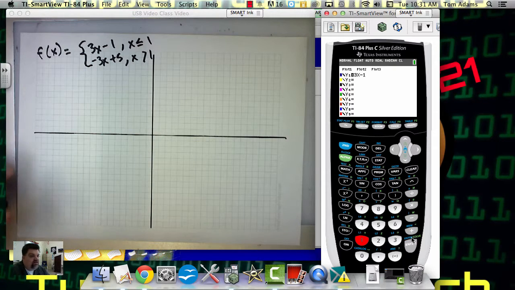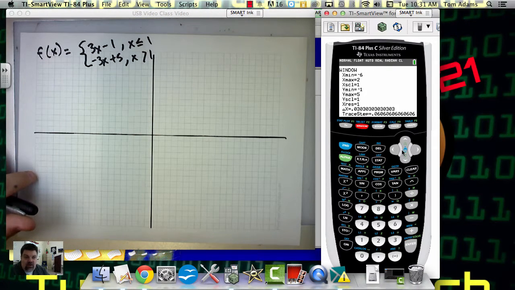But now that's only for values less than or equal to 1. So before I hit enter, I'm going to set my window. What is my upper boundary for that? Well, my upper boundary is 1. So I'm going to go from -6 to 1. And then the y value I don't really care about too much.